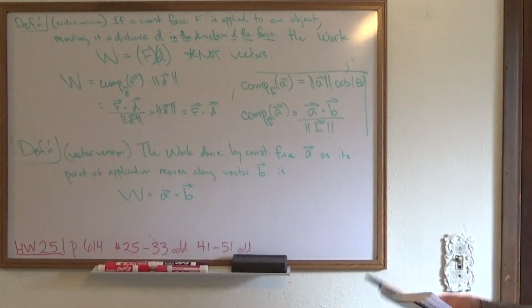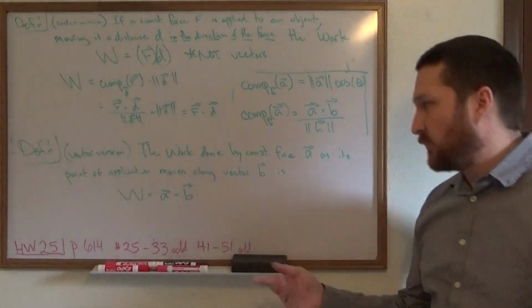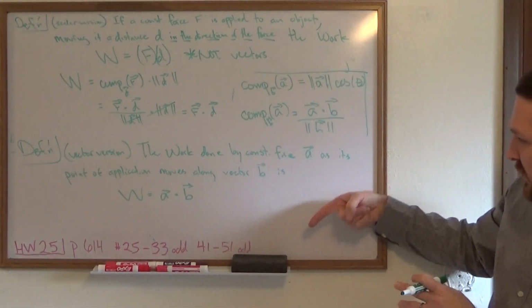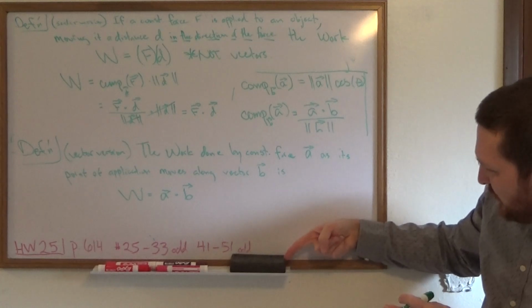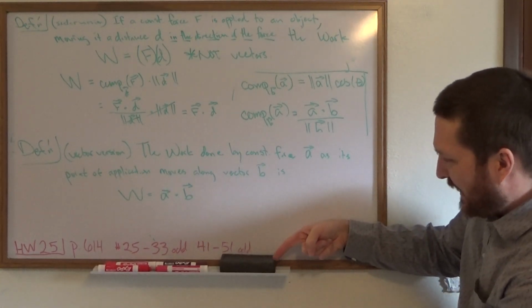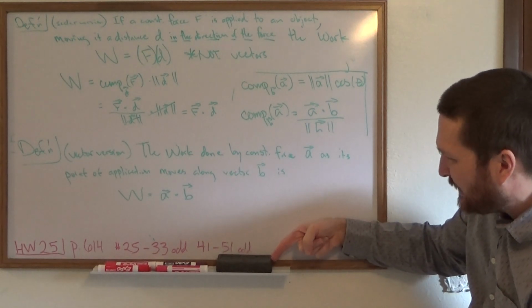So clearly, if you're applying force to something and it's moving through a distance, it's moving along some trajectory. Like this one, I'm pushing here and it's moving in that direction. This would be its point of application. This is where I'm applying the force.